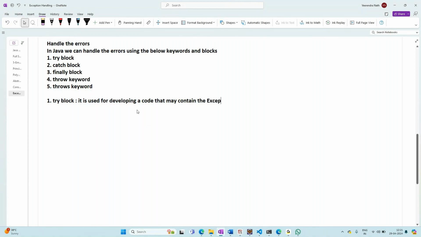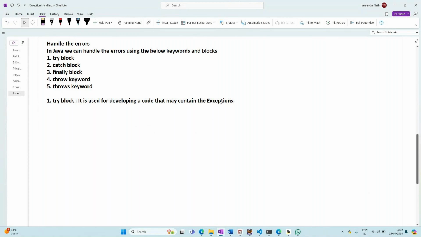It is not that it will compulsorily have one, it may contain the exception. So the try block is used for developing a code that may contain the exception.